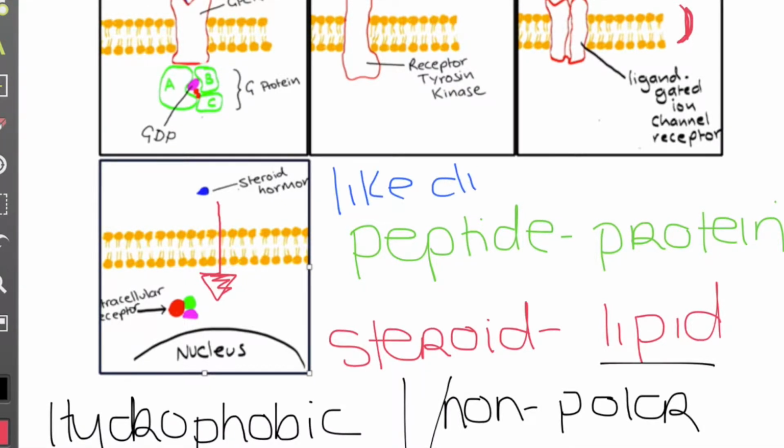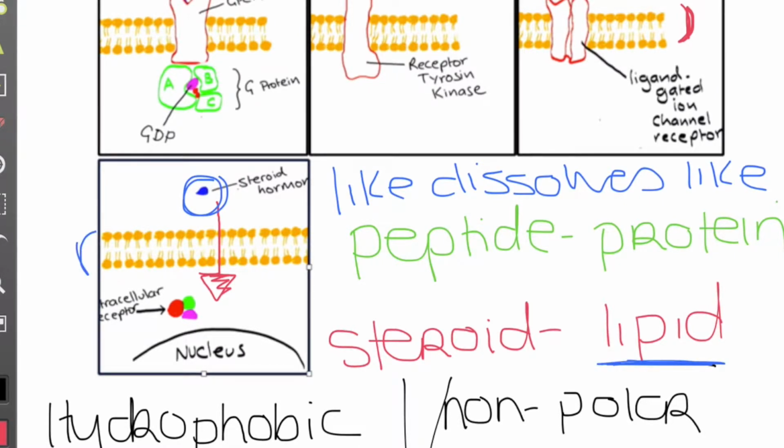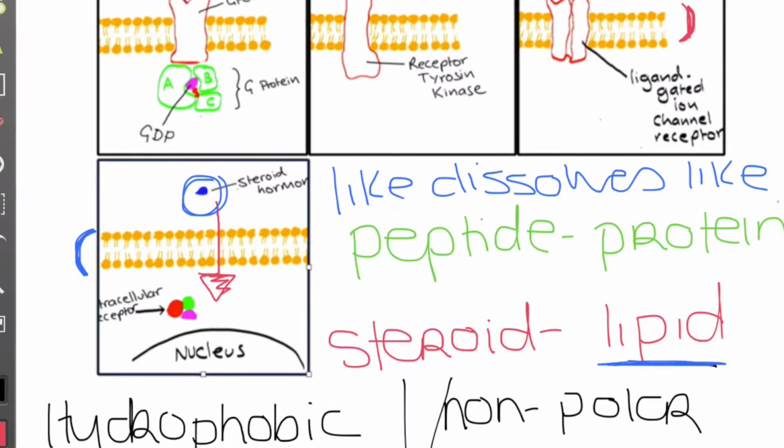Like dissolves like, really important concept. So that just means that this steroid hormone, which we know is a lipid, is going to be able to diffuse through that lipid membrane because it is non-polar and hydrophobic, the same properties as that membrane. Okay, so the receptor for that will be inside the cell.